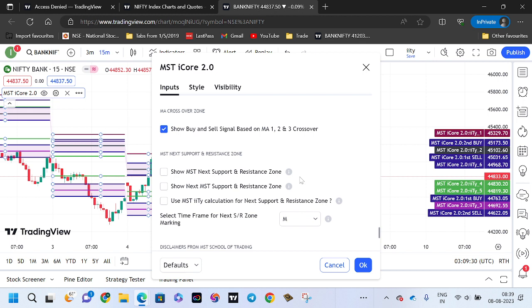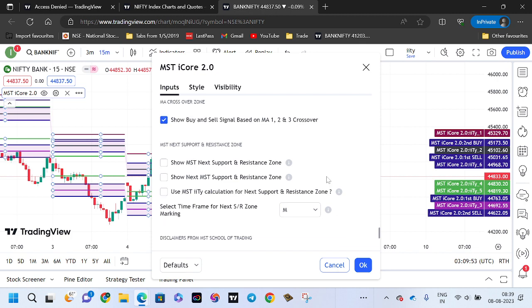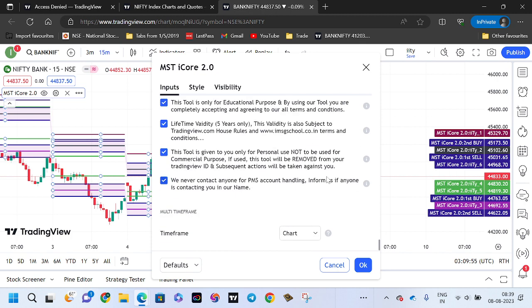I am not selling this extra moving average concept. This is for your convenience, because you are going to use the free version of TradingView, so you cannot add more indicators. If you have everything in a single indicator, you don't have to use some other indicator. That's why I have given everything in a package. If you want, you can use it. If you don't want, you can ignore it. Hope it is clear.